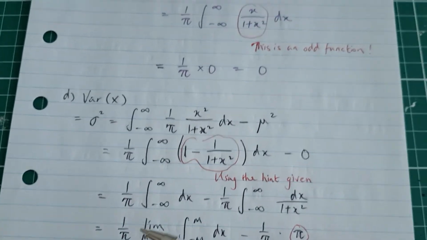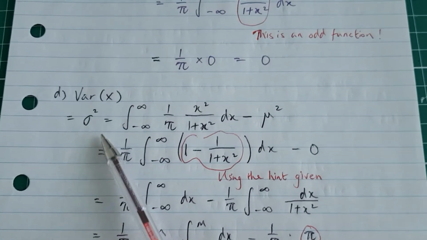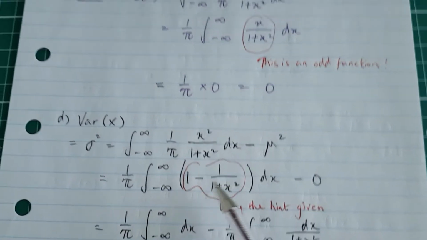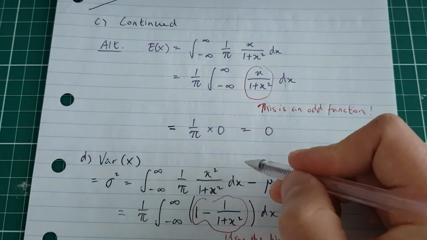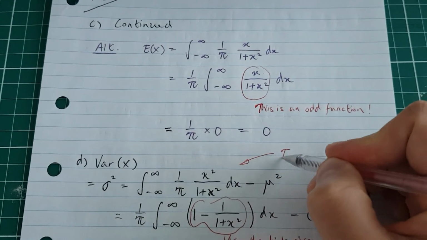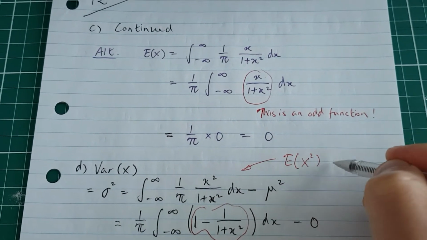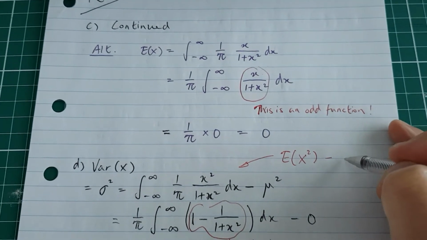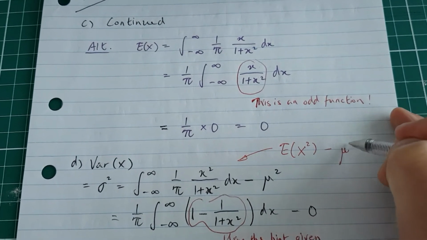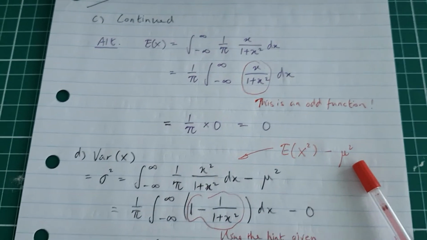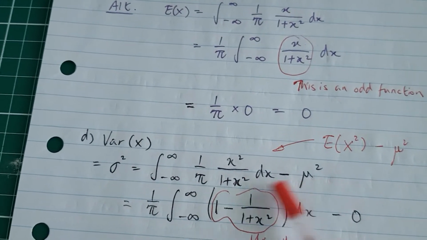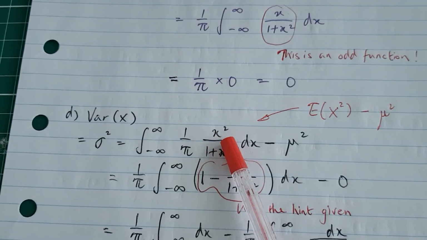And finally, the variance is sigma squared, which is this. This time you're going to have to remember that that's the practical definition, which is E, the expected value of x squared, take away the square of the expected value we got. So that's this formula. So notice that's x squared now, not x.